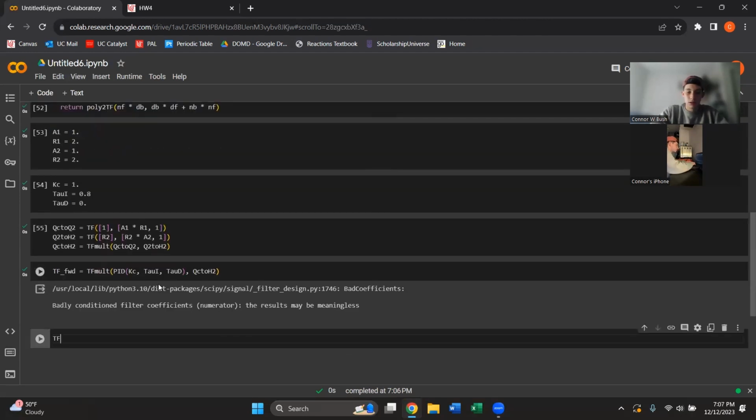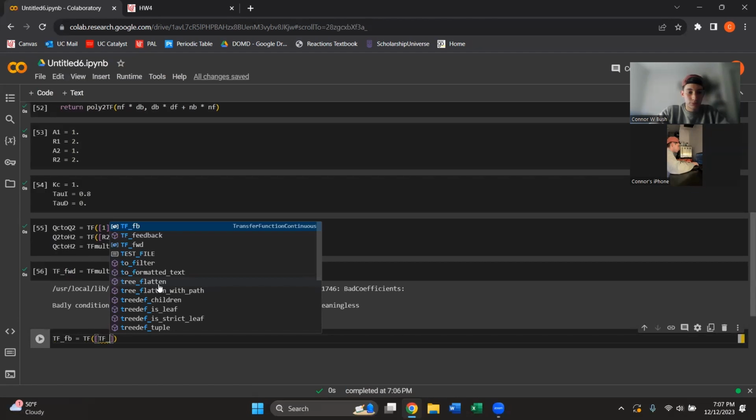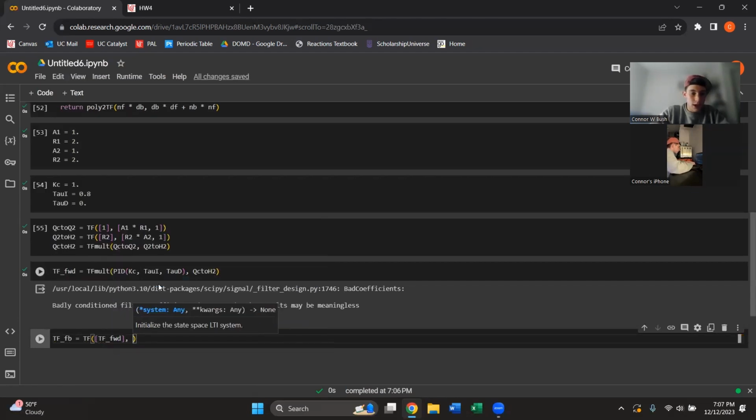So now if we want our transfer function under feedback control, we're going to rename that this. This is the transfer function of this one forward. And then our transfer function backwards is just 1 over 1. Oh yeah, right, sorry.